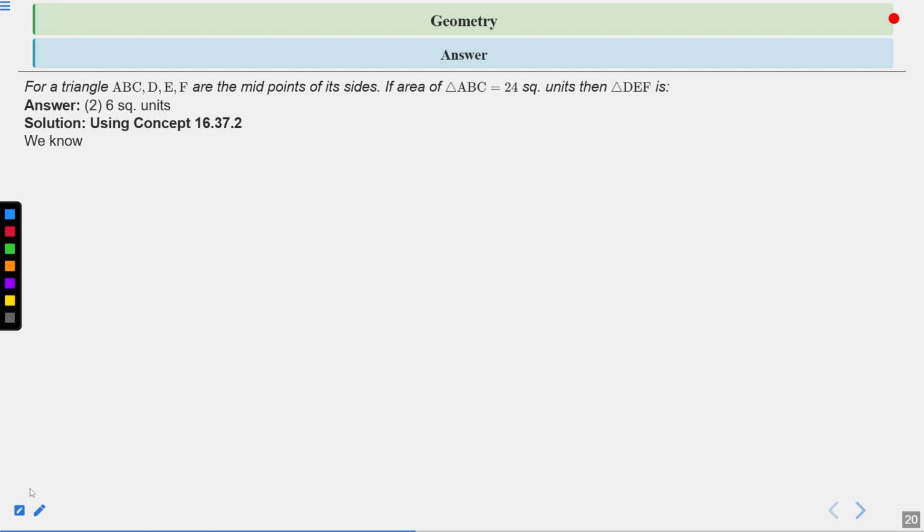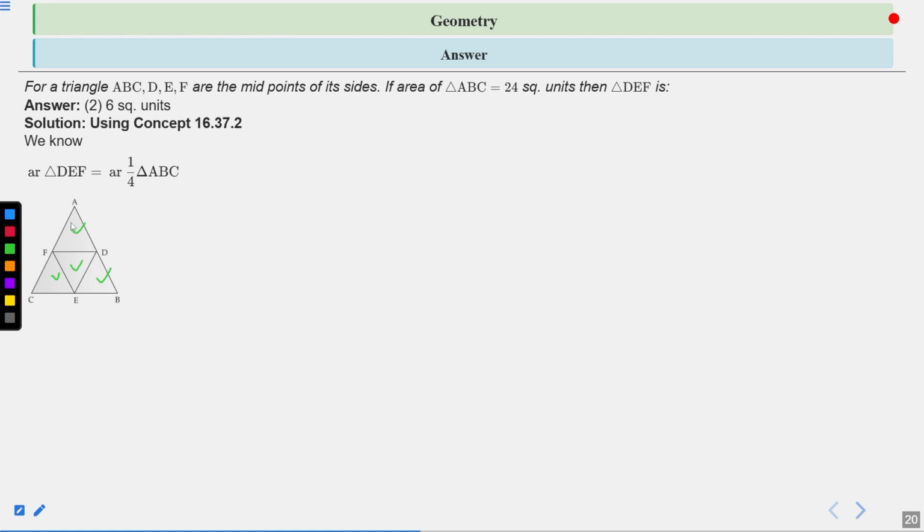So we know that the area of triangle DEF equals the area of triangle ABC multiplied by 1/4, or we can say 1/4 of the area of triangle ABC, because D, E, F are the midpoints of the sides of triangle ABC. So we can see in this diagram, these four areas are equal to each other.